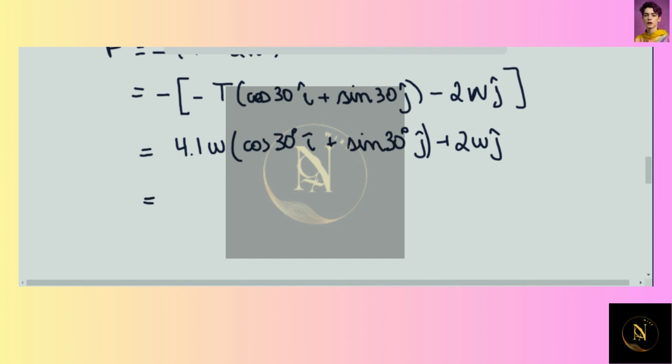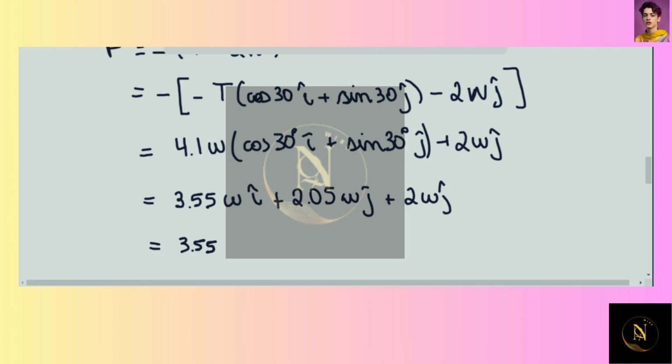So this is equal to 3.55 Wi plus 2.05 Wj plus 2Wj, and this is equal to 3.55 Wi plus 4.05 Wj.